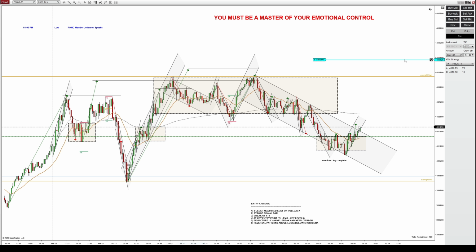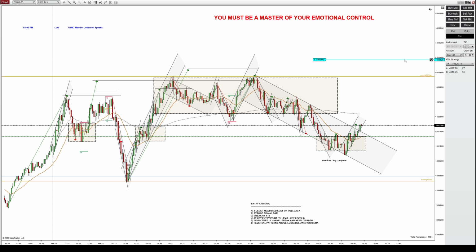This channel was also here, so with this channel I was using that as a basis to go short on this trade. This is kind of an up down range day with these highs and lows, so I was anticipating that we were going to continue to go lower. So I'll go ahead and play the trade, and I'll talk through it.